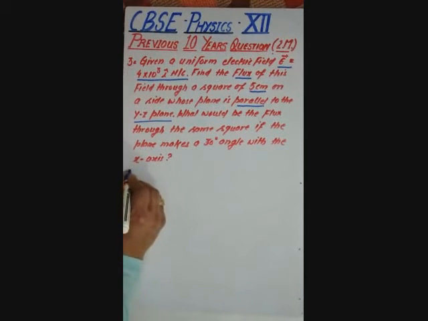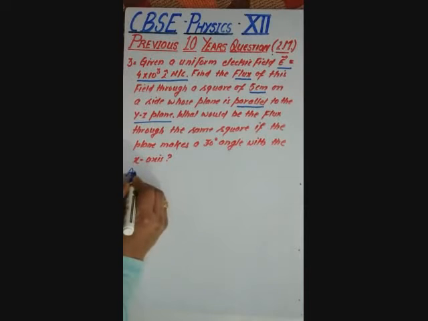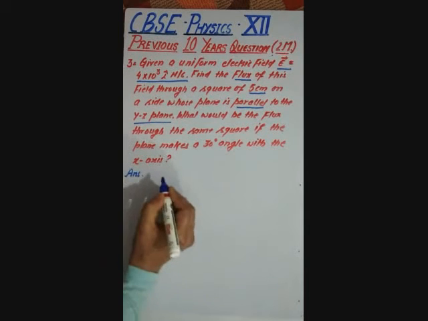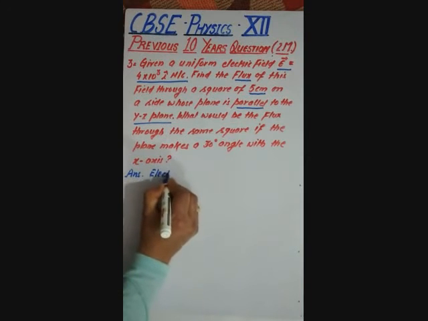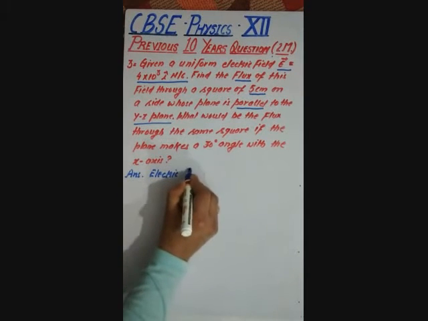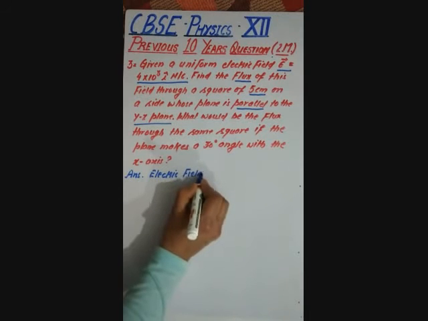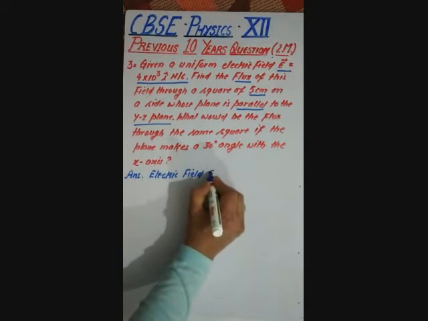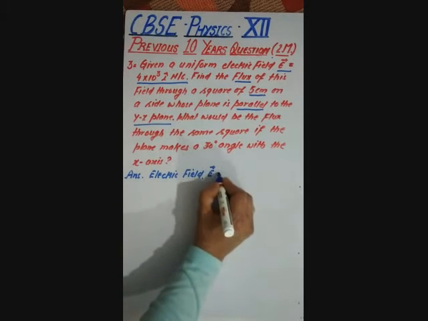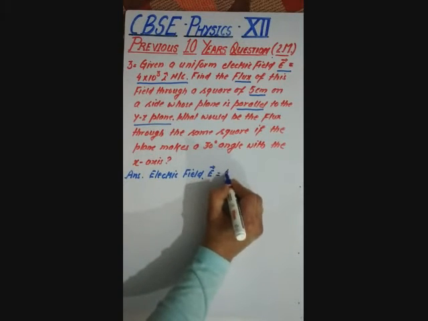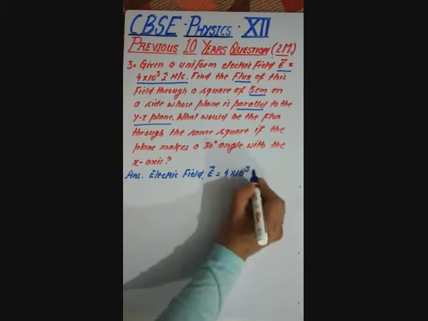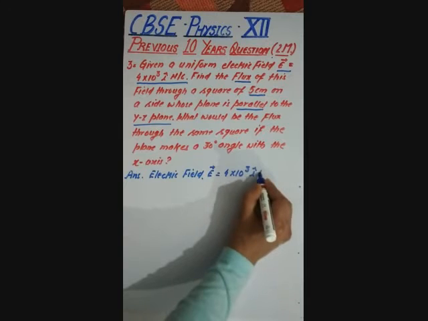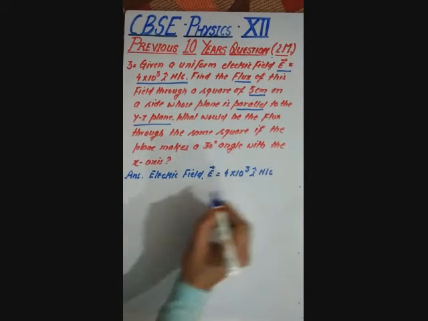So, answer: electric field E vector equals 4 into 10 to the power 3 I cap Newton per Coulomb.